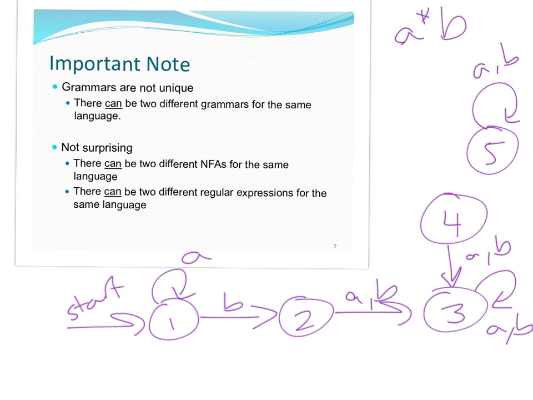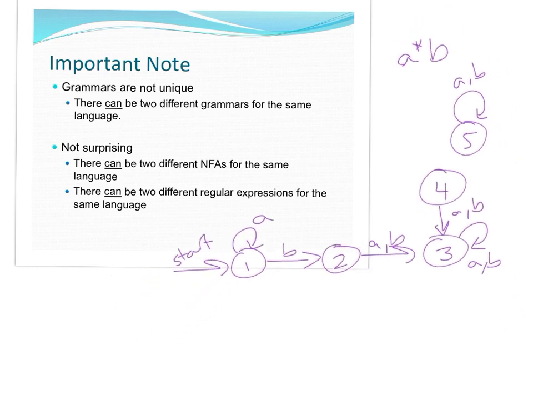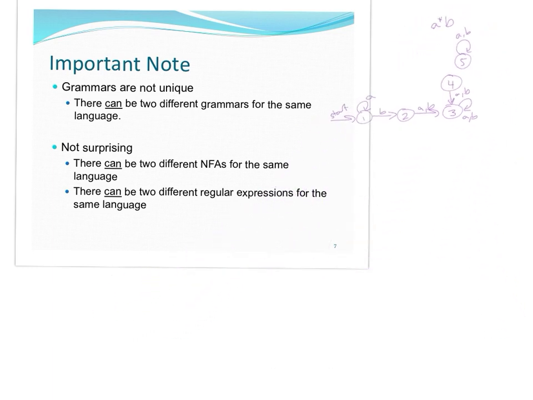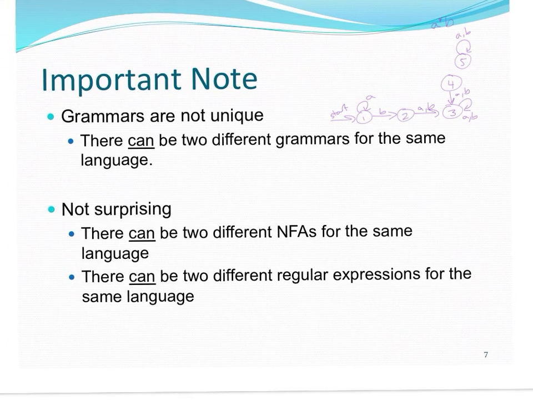So let me squidge that down and make this one back to full size. We can have two different NFAs for the same language. We can have two different DFAs for the same language. There can be multiple regular expressions for the same language.